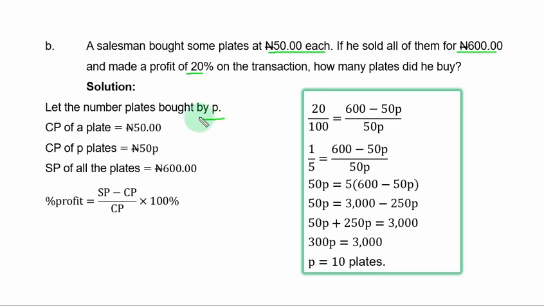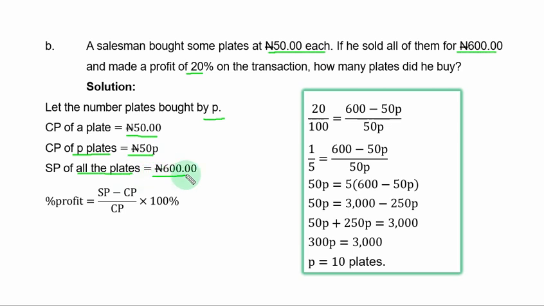From the question, cost price of a plate is 50 naira. Now, cost price of P plates becomes 50 naira times P. That is 50P naira. Selling price of all the plates from the question is 600.